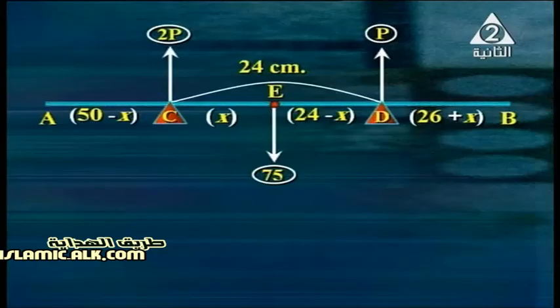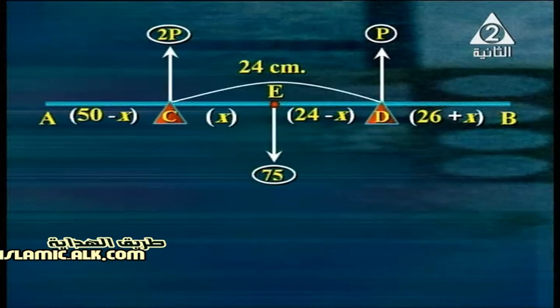Dear student, look at the solution of the previous example. Look, dear student, the uniform rod with weight 75 acts at midpoint E. AB equals what? The distance between C and D, remember, is 24 centimeter.